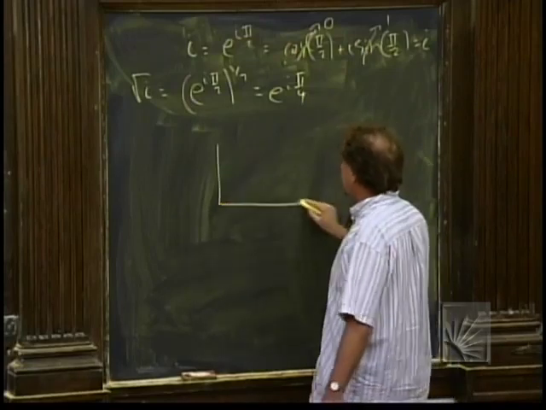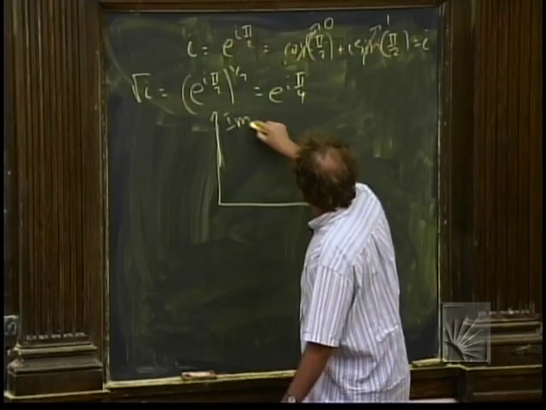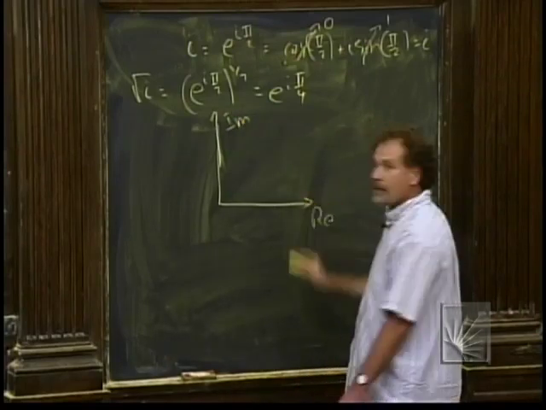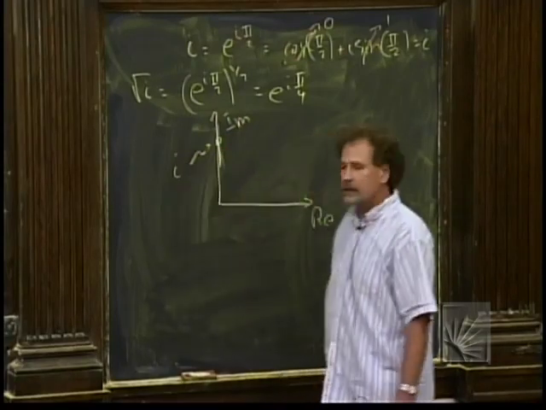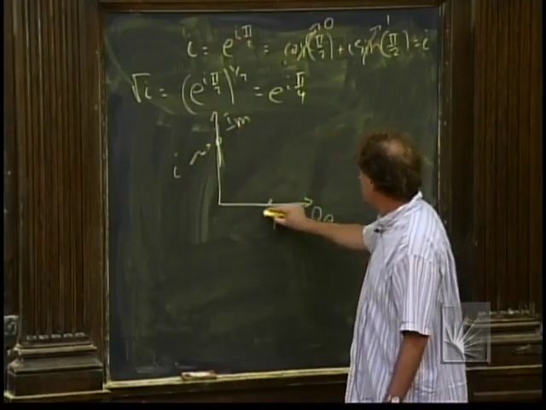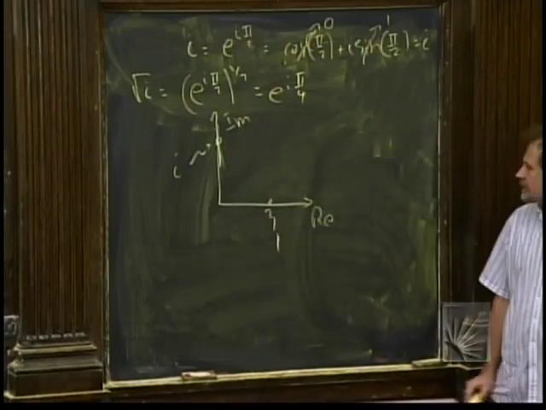So I can think of imaginary and real. Okay? Here's i. That point is i. This point is 1. This is unit length and that's unit length on this axis.